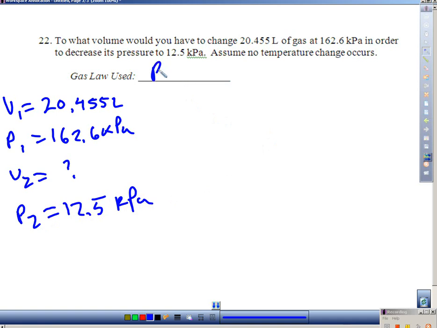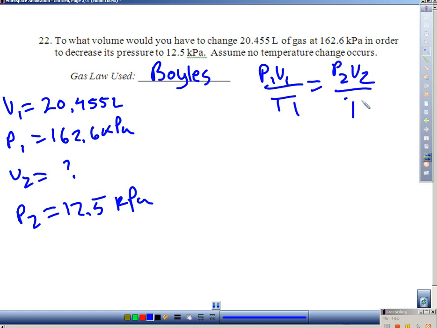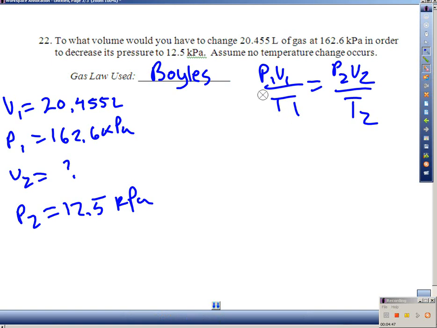So we're going to be using Boyle's law. Now the way that we know that, if you don't know how to do this, then pay attention. Basically what I do is I start with my combined gas law, and then I'm not given temperature at all. Assume no temperature change. So I just go ahead and erase my temp, like that.